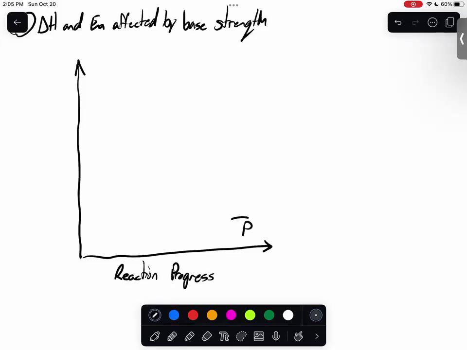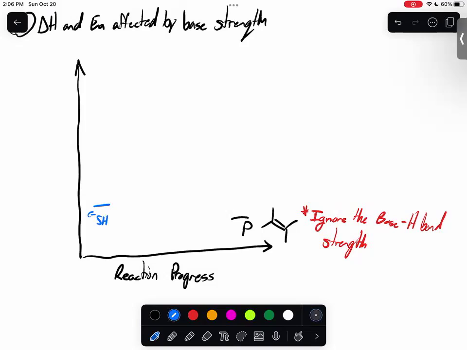And let's say that product is just a tetrasubstituted alkene, and we are going to go ahead and ignore the base hydrogen bond strength for a second. All right, just because it's going to make it a little easier for us to kind of define what's going on. So let's say we took a very weak base, right? So something like an SH minus.